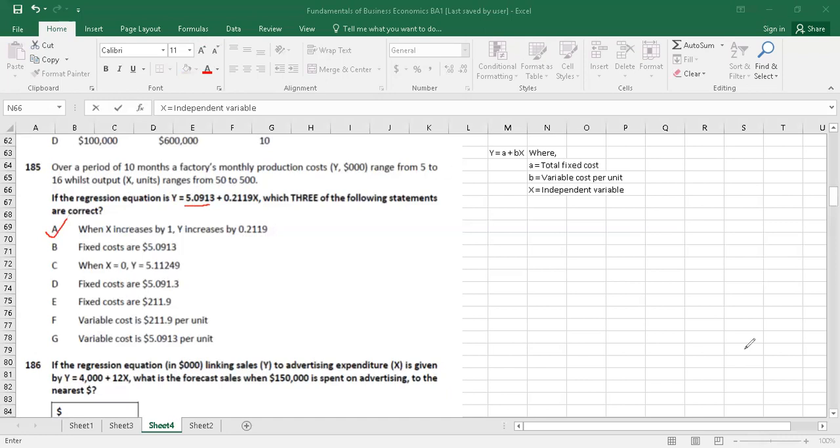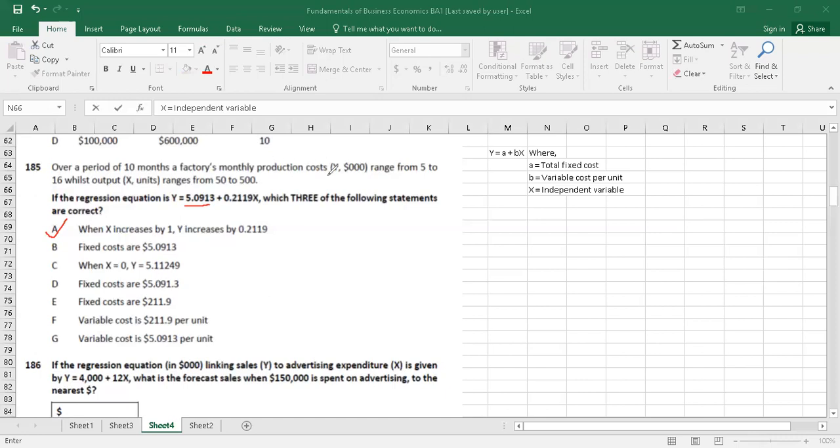B: fixed costs are 5.0913. So fixed costs of 5.0913 is correct. The same thing is presented here, and here A as well, and D also. The point is maybe there is a decimal that should not be here.